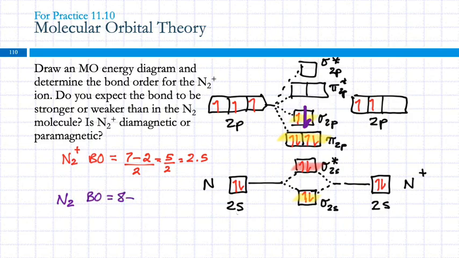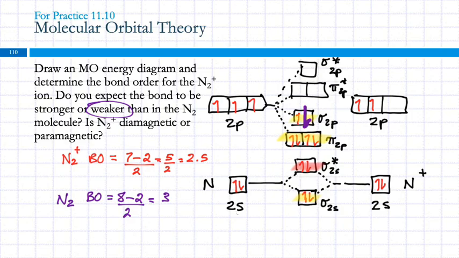And how many in antibonding? Still 2. Divided by 2, and that's going to give me 3. The bond order here is larger than that one. That tells me that this bond is stronger. This is asking, do you expect the bond to be stronger or weaker than the N2 molecule? Well, it's going to be weaker. This one is weaker than that one.